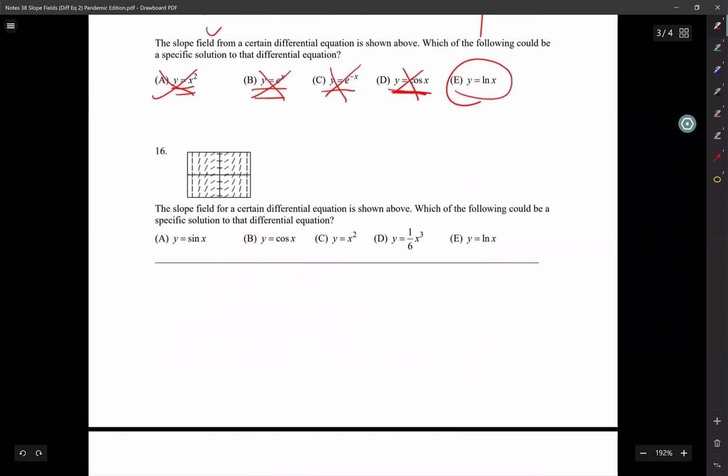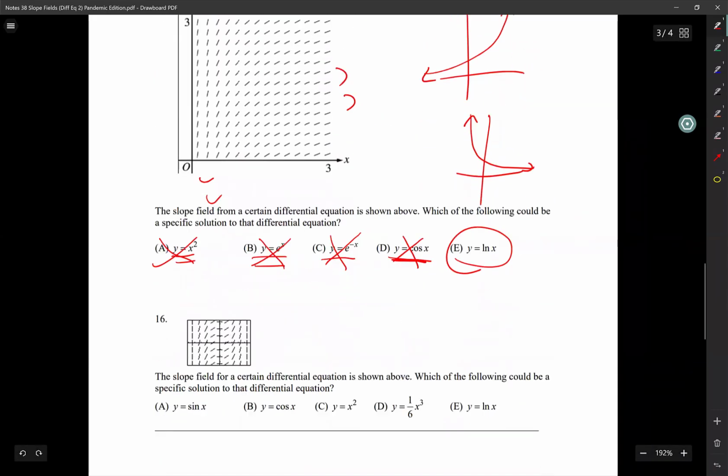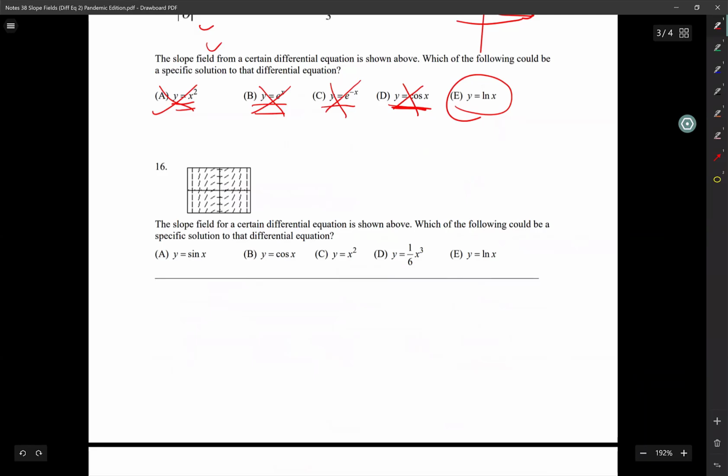Number 16. These are coming from an actual AP exam, the 2008 exam. The slope field for a certain differential equation is shown above. Which of the following could be a specific solution to the differential equation? Okay, well, does it look like it's going up and down? Nope, that one's out. So these two are out. Actually, the next one's also pretty bad.